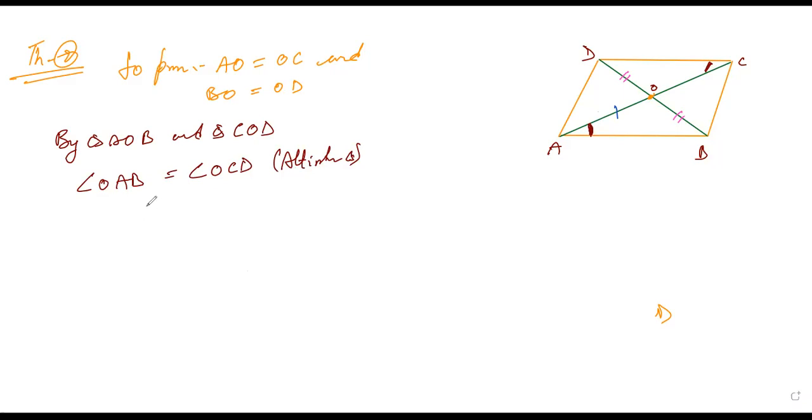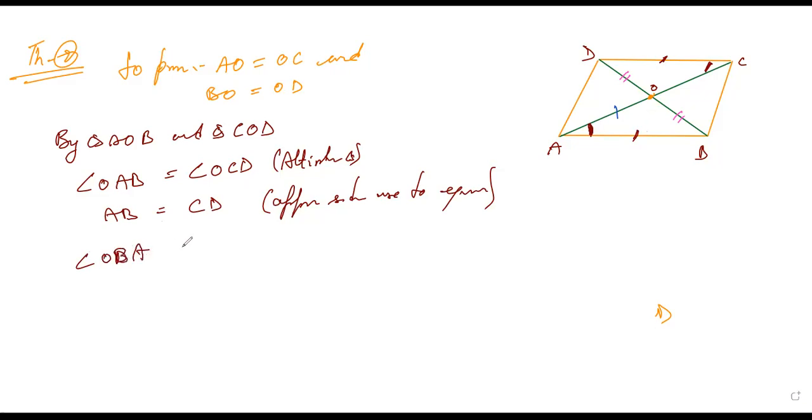Now the next one which you can take is AB equals CD. We know that the opposite sides are equal in a parallelogram. So this side is equal to this side. The next thing which you can take is angle OBA equals angle ODC. So this angle is equal to this angle. Again, we used this one earlier, where we know it is alternate interior angles.